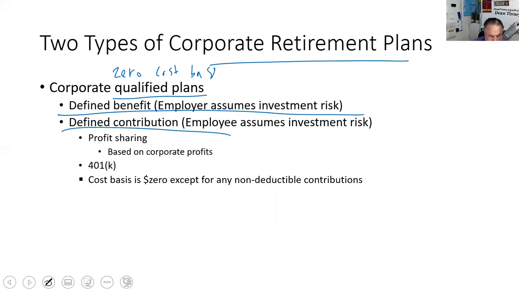You invest it, whatever it grows to or falls to, that's what you get. So in this here, it's easy to have what's called an unfunded pension liability. That's where you don't have the money you need to pay the benefits you've promised. And it's almost impossible to have an unfunded pension liability in a defined contribution plan, right? No profits, no contribution.